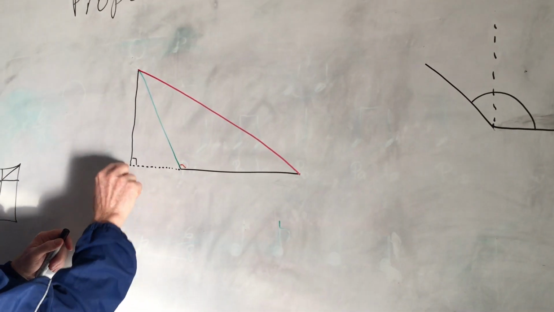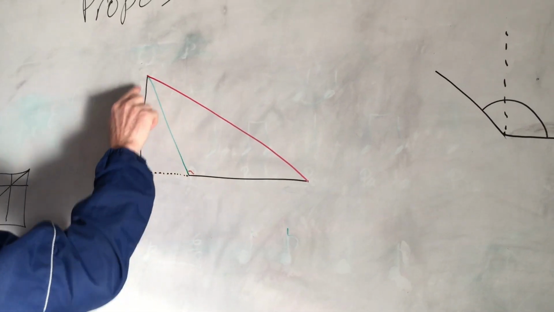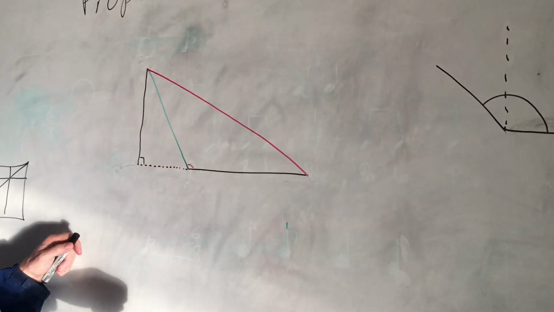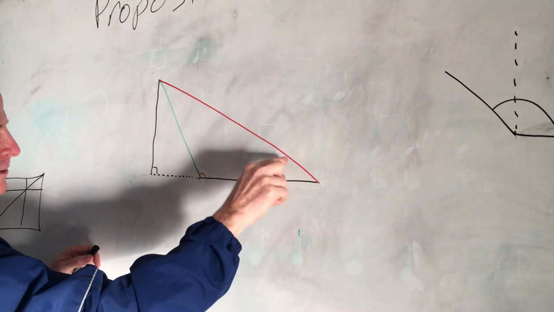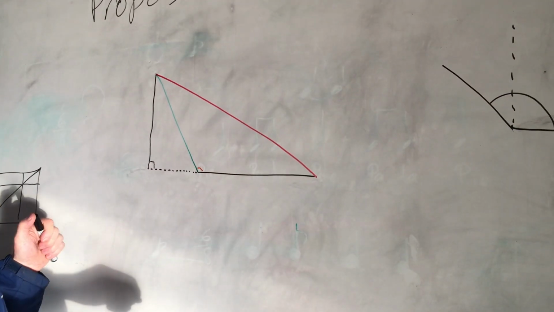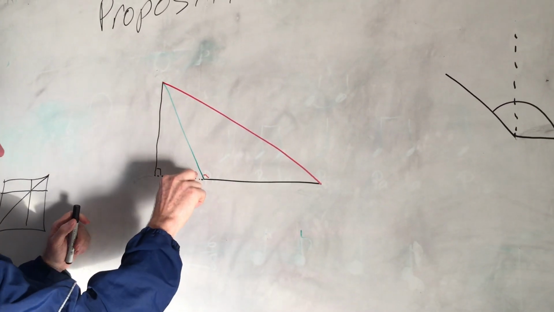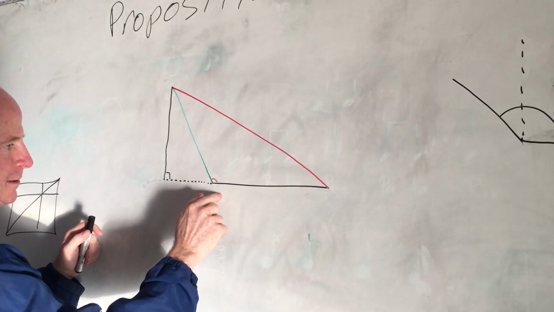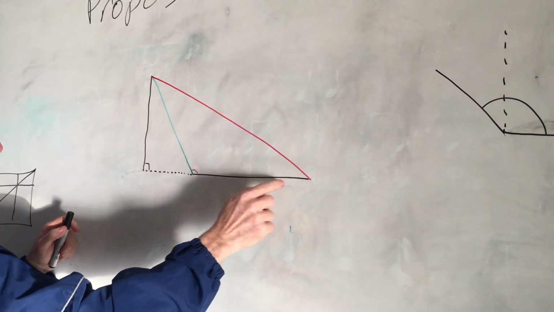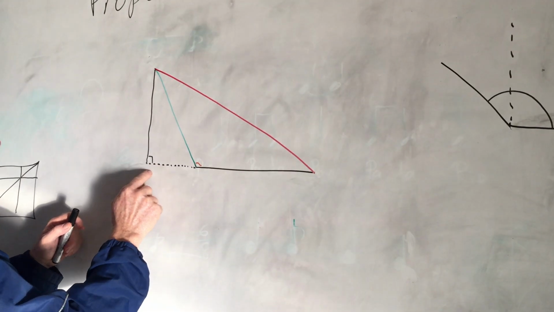But the square on this and the square on this is equal to the square on this, because this is a right angle triangle. So then we can say the square on this is equal to the square on this plus the square on this plus twice the rectangle contained by this and this.